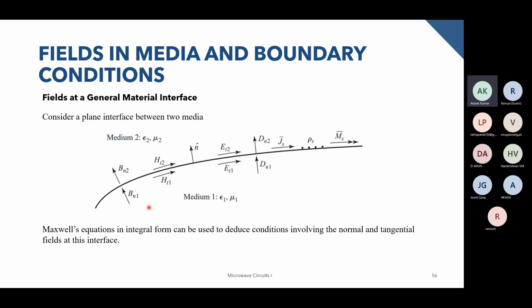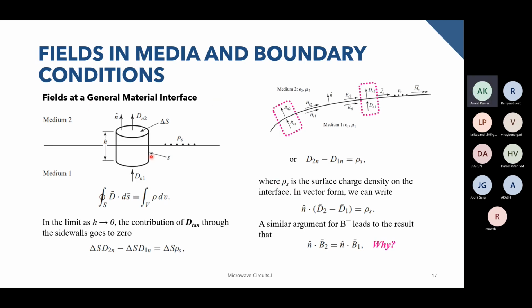If we have the field in one medium, then to calculate the fields in the second medium, we have to consider the equations of the boundary. These come in handy if you are doing computational electromagnetics. You'll have to take care of the fields when they move from one medium to the other. So we basically decompose the magnetic field and electric field into the normal and tangential components and work on them separately.